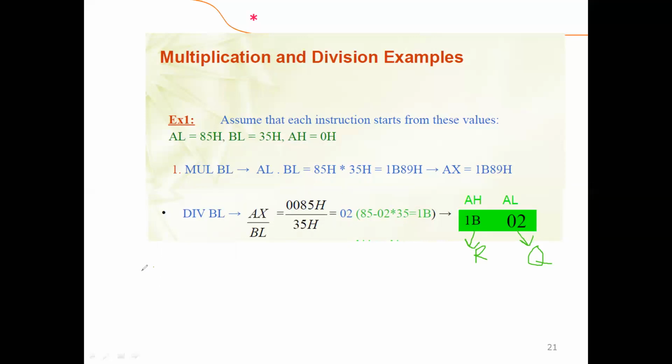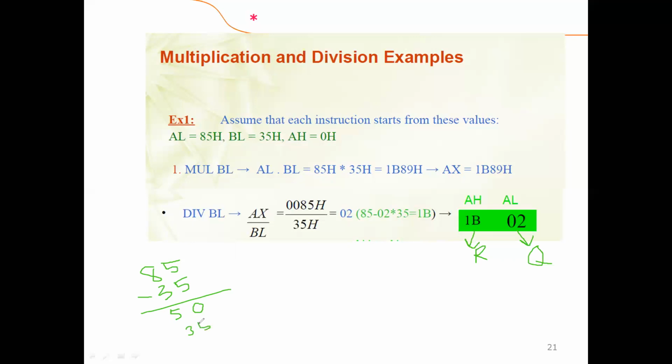Now manually we can also perform this operation. We can directly use the successive subtraction method for division. So we can subtract 35H from 85H. Again, hexadecimal is there. 5 minus 5 is 0, 8 minus 3 is 5. So this number is greater than this number. Next, we will subtract it once again.